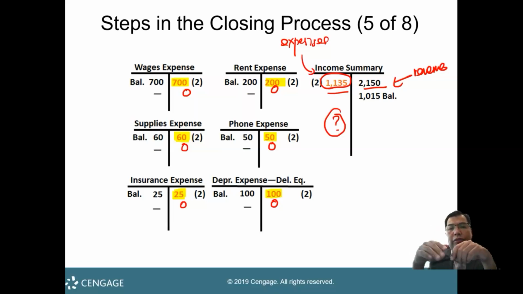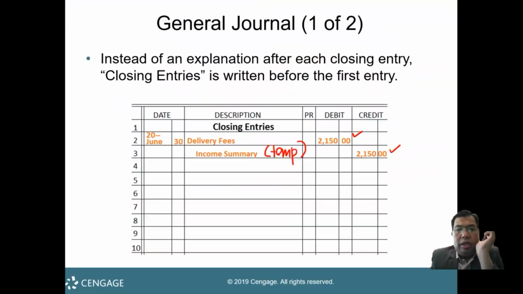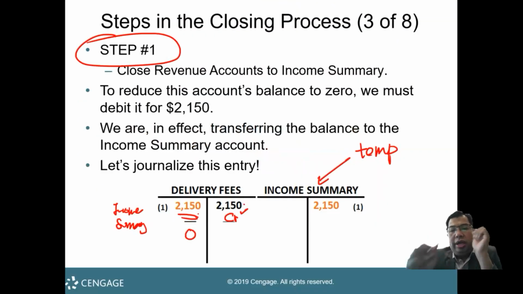Okay, let me explain one more time. In your accounts, we need to close all the revenues, all the expenses, and the drawing account. So what is the technique to close the accounts? If the total delivery fees is 2,150, to close this account, you need to debit 2,150 and transfer that amount, crediting the income summary by 2,150.